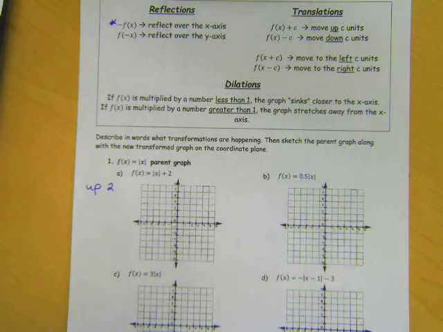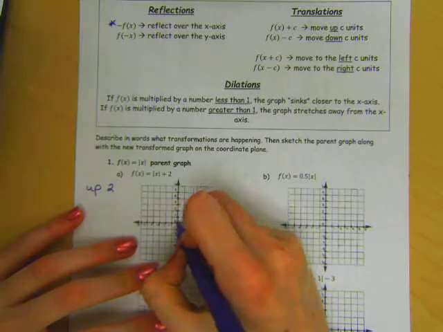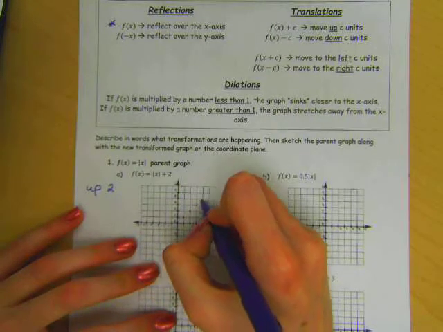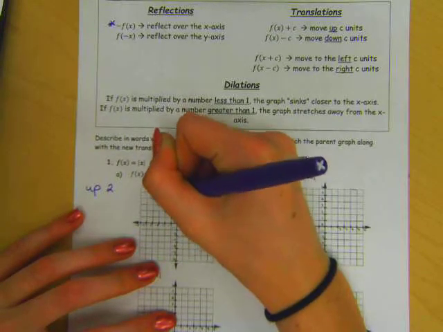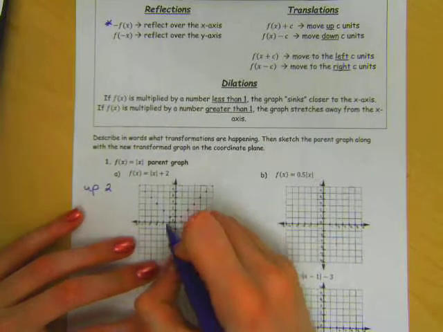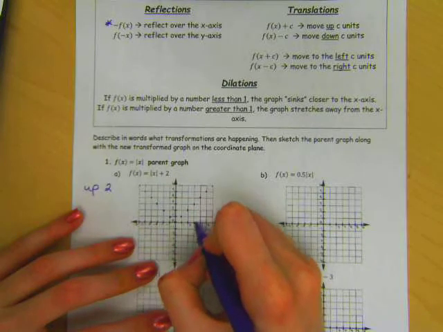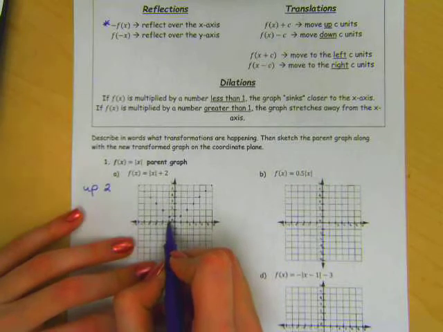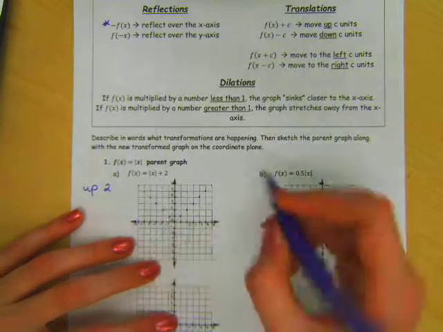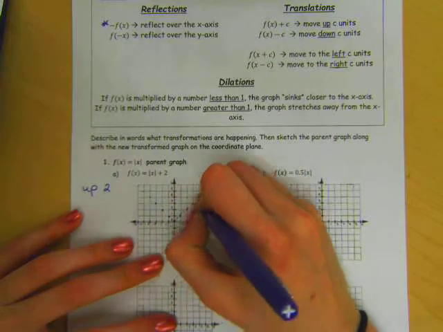So the absolute value, we know, has this basic shape. And again, you guys need to know the parent functions. You need to know the basic shape of the parent function. So from 1, it's 1, 1, 2, 2, 3, 3, and so on. -1, the absolute value of -1 is 1, -2 is 2, and so on. So I'm going to fill this in with my dotted line.